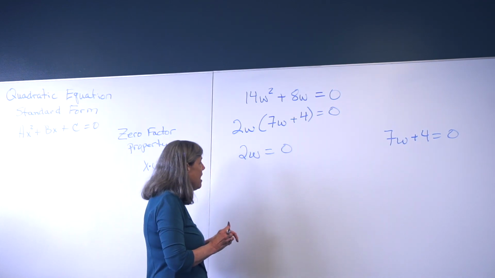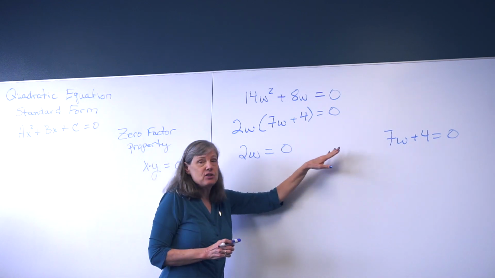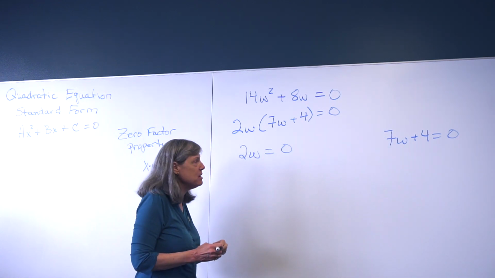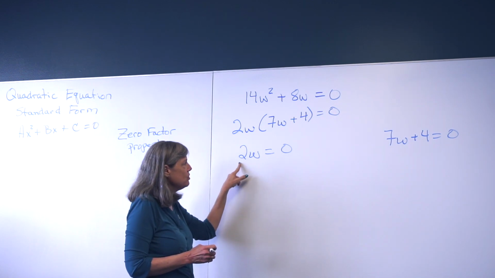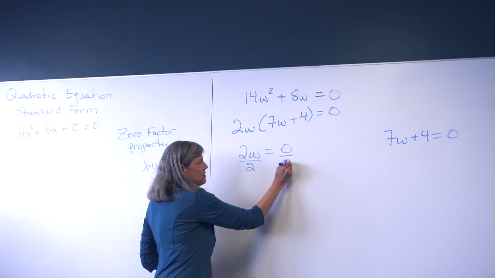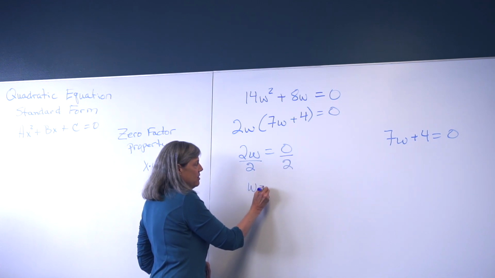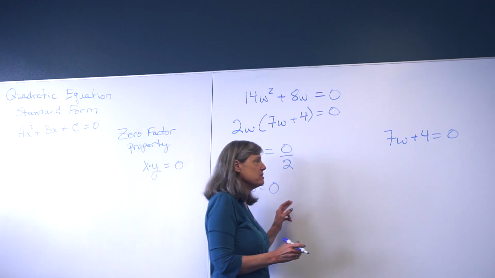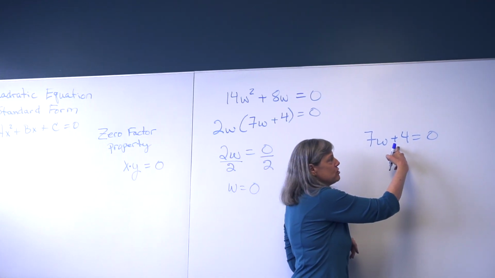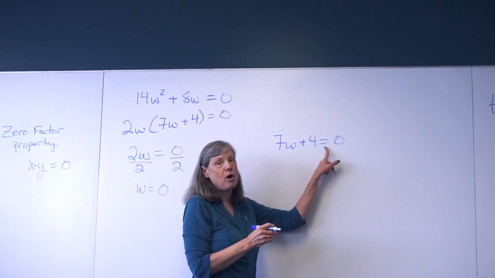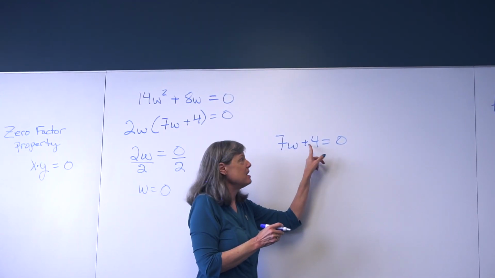Okay? So now, we're back to just regular linear equations we've been doing all semester long. So I need to get the w by itself, so I'll divide by 2. If I do that on one side, I have to do it on the other. 0 divided by 2 is 0. That one's done. First, I'm going to move the 4 to the other side. Remember, when it goes across the equal sign, its sign changes.